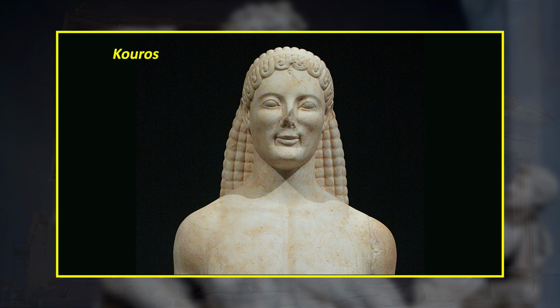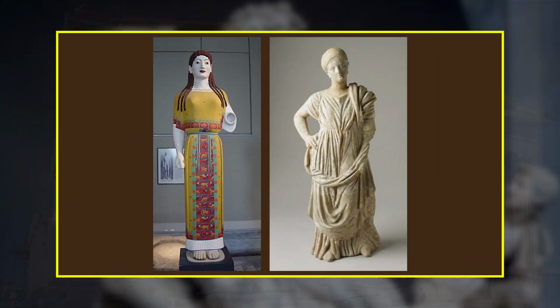The standing male nude, the kouros, was the most significant sculpture form throughout the Archaic period. Since Greek society did not authorize the public display of female nudity until the 4th century BCE, the kore, or the standing clothed female figure, is regarded as having less significance in the development of these sculptures.